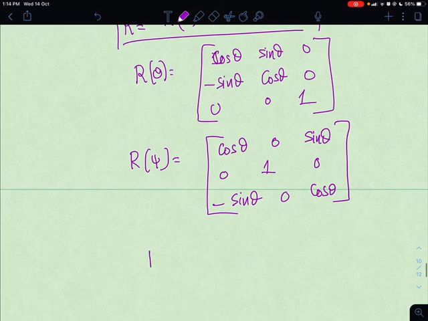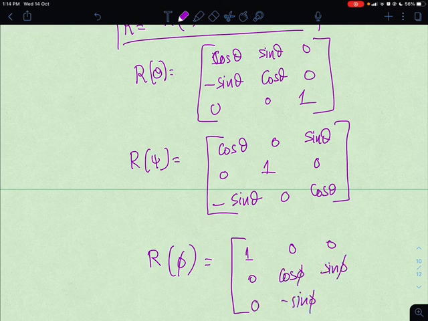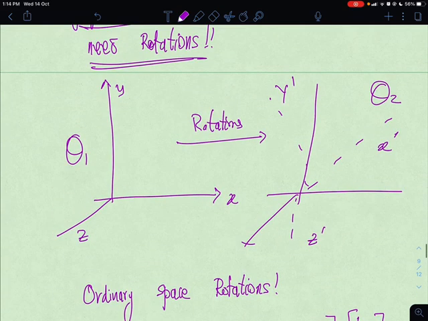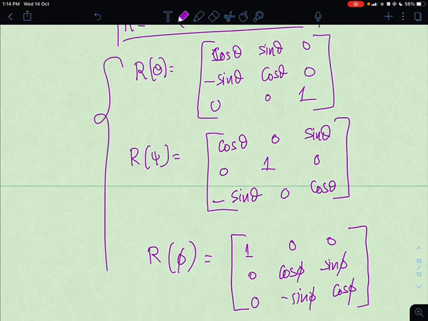And then r of phi would be 1, 0, 0, 0, cos phi, sin phi, minus sin phi, cos phi. So what we have seen is that there are 3 rotation angles, these are the 3 parameters.